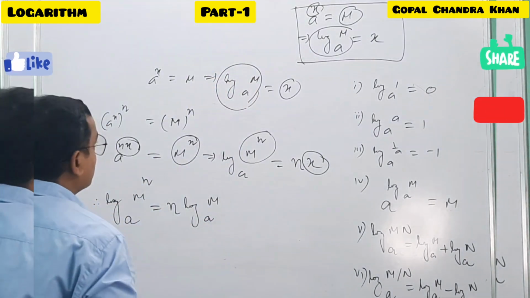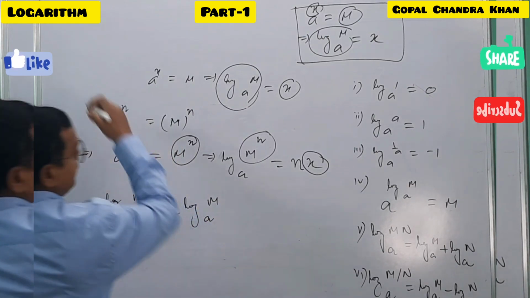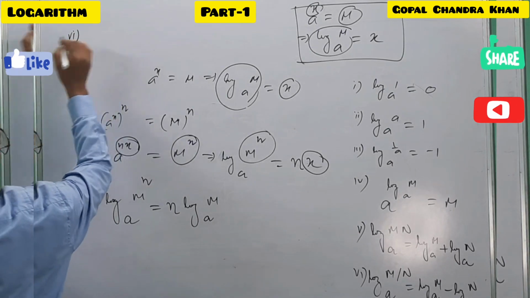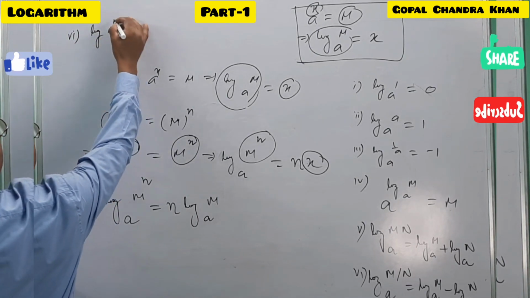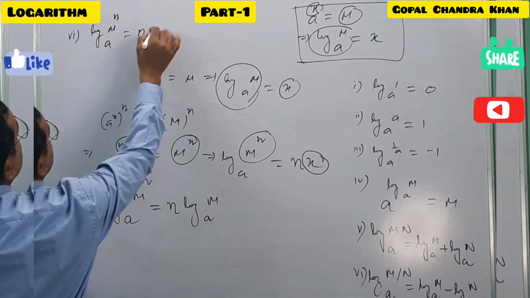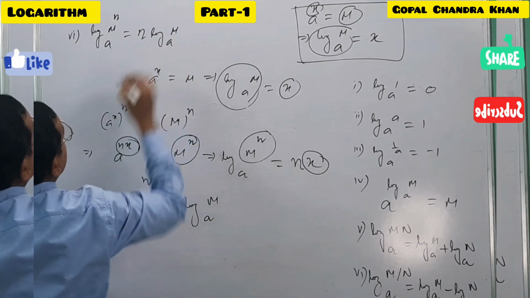That means we got another formula, which I can write in the left corner, number 6: log m to the power n base a equals n log m base a.